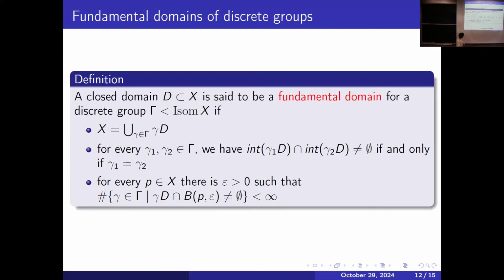Again, if your point P is an interior point of D, then you will basically get only one copy intersecting this open ball, if you choose the ball really very small.